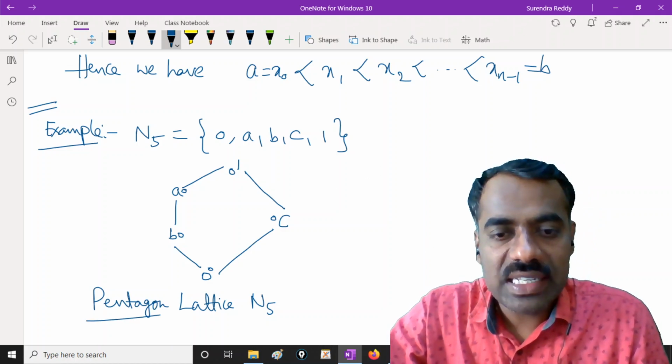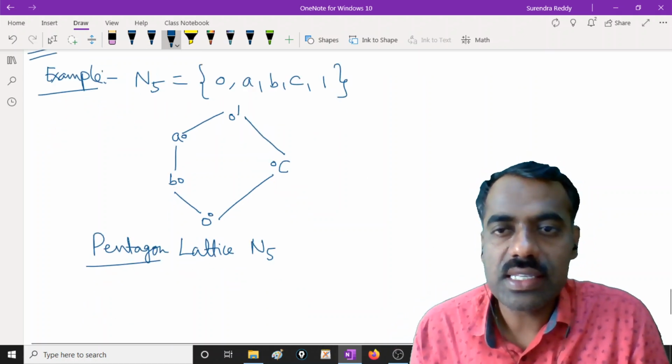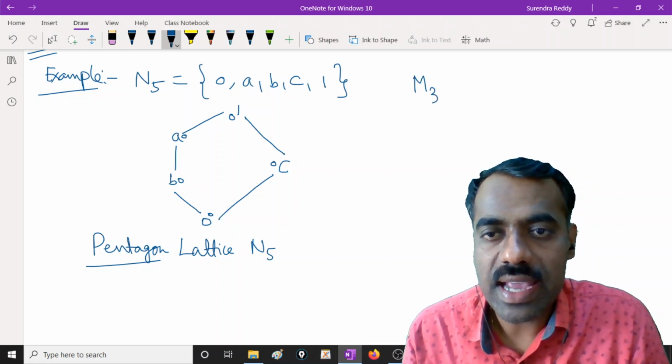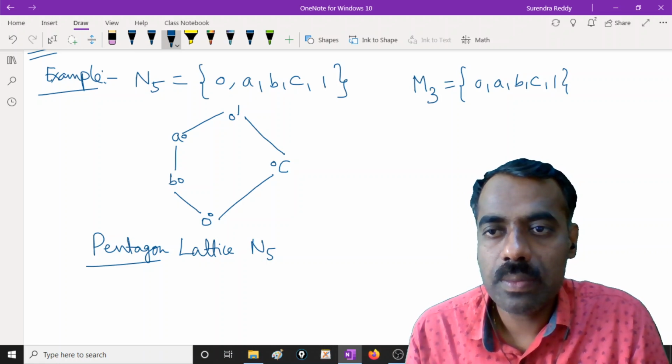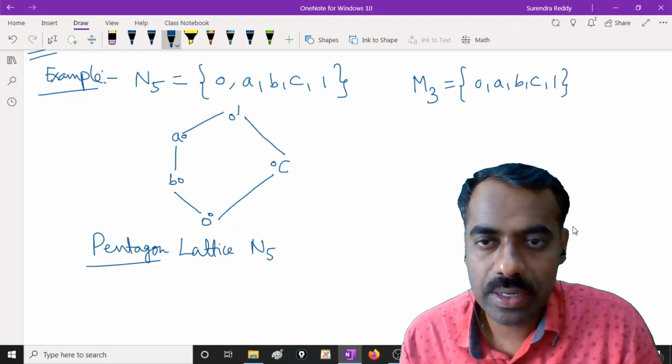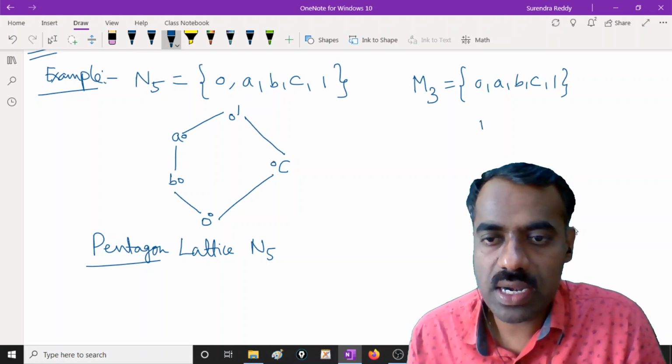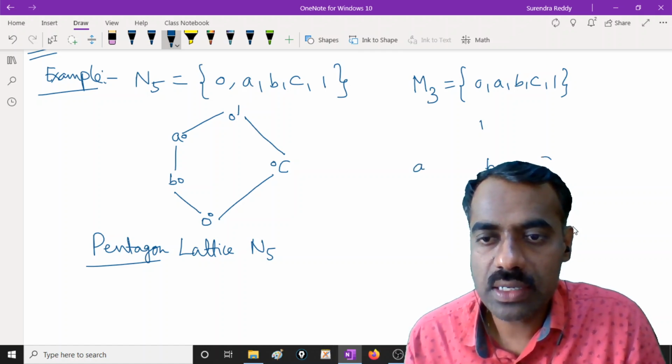The other lattice which we will draw here you can call M3, like a diamond. The elements you can represent the same, but their relation is different. Here you will have 1 and 0. Here you will have a, b and c.